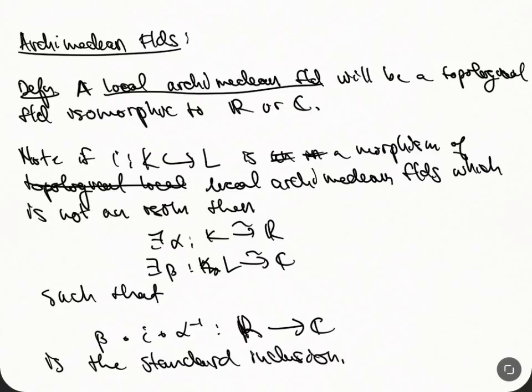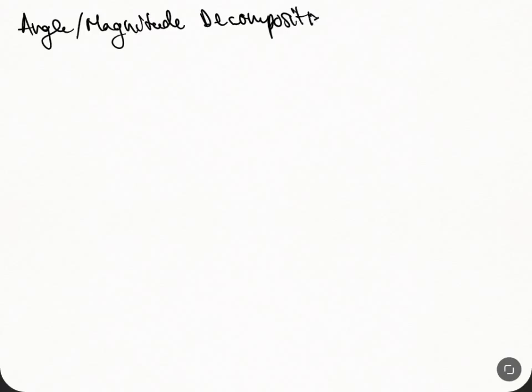Okay, so we have the objects that we're going to talk about now. I want to talk about, in this context, the angle magnitude decomposition. So let K be a local Archimedean field.